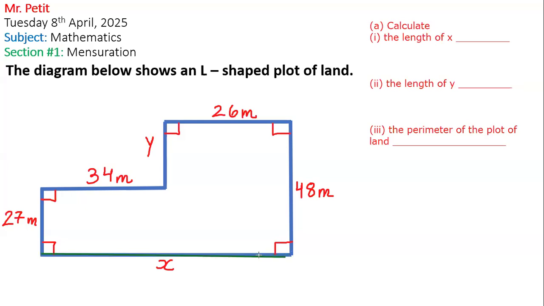X is this length. So please understand that this length is basically the 34 plus the 26. Y'all understand that?